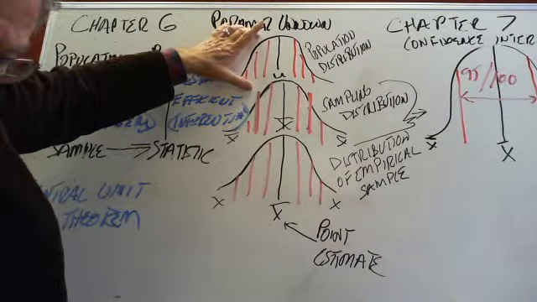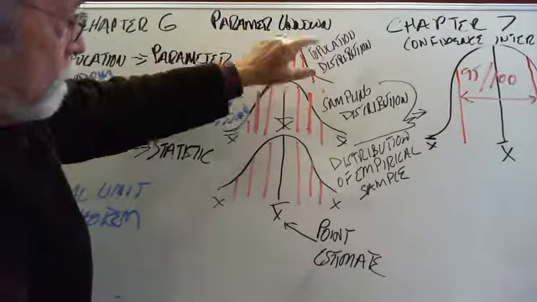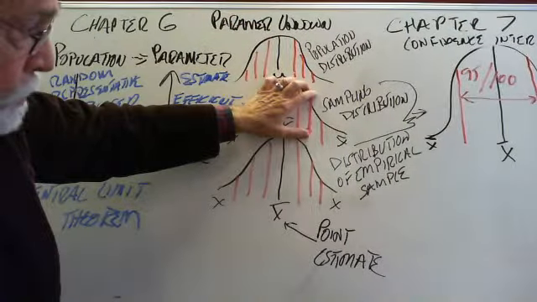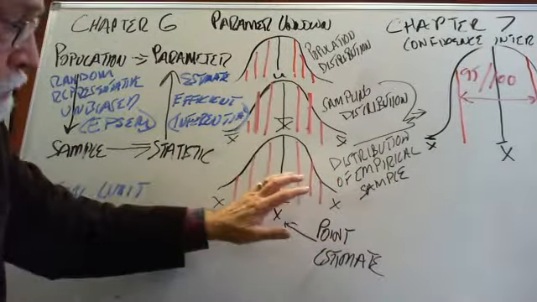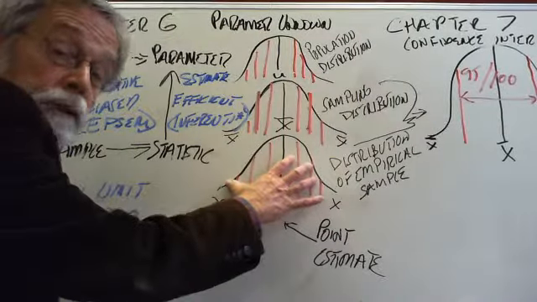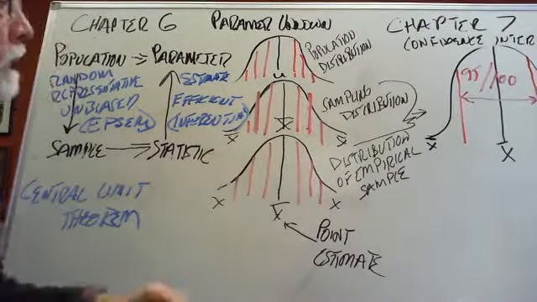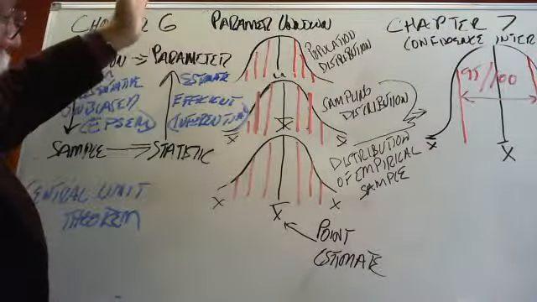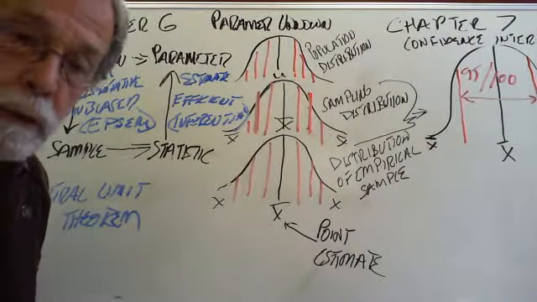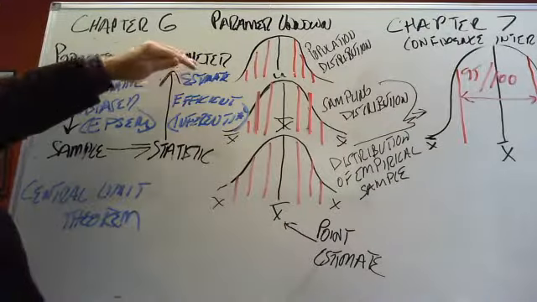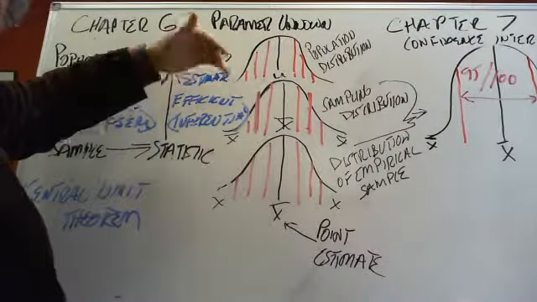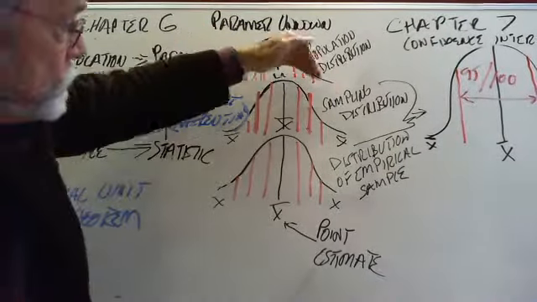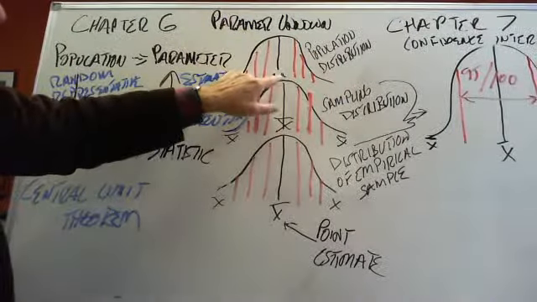Here we've got three distributions, you'll notice in Chapter 6: your population distribution, your sampling distribution, and the distribution of your empirical sample. This one you can see. It's the empirical sample of your data. These two are hypothetical. This is the one that we assume to be normal if we're talking about a million people in San Antonio, let's say, and we're looking for the average age. We can probably, on a continuous variable like that, assume some kind of normality.